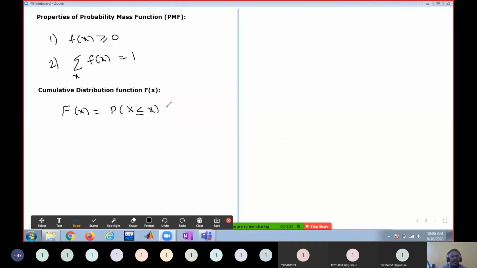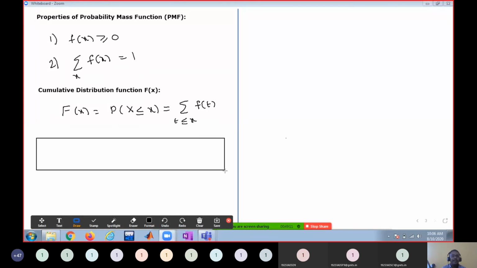So how do we denote this? Summation f of t, t less than or equal to x. Come back to our previous problem, tossing 3 heads.